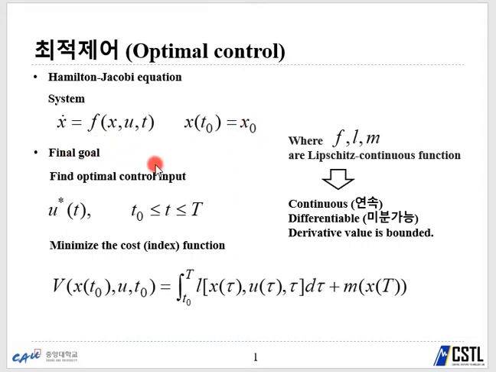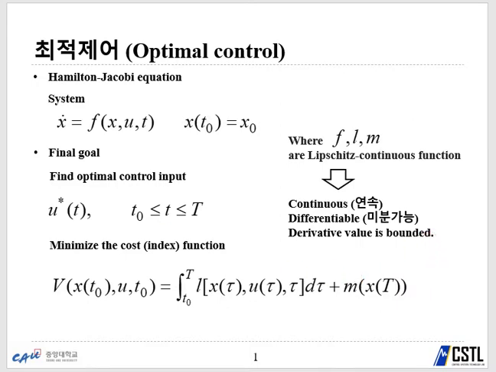Our final goal is to find the optimal control input to minimize this cost function, where the function is Lipschitz continuous. It's not the input, however. A Lipschitz continuous function is continuous, differentiable, and the derivative value of the function has an upper bound.